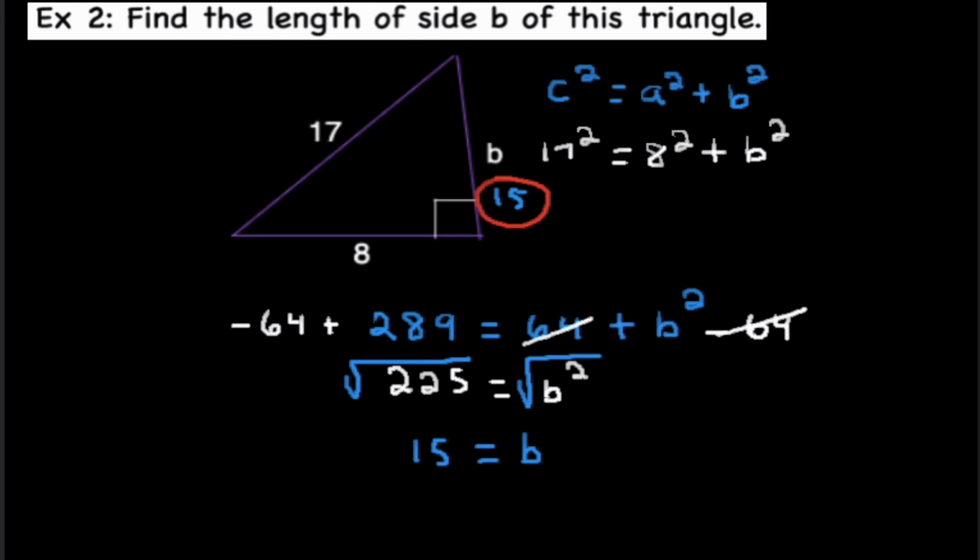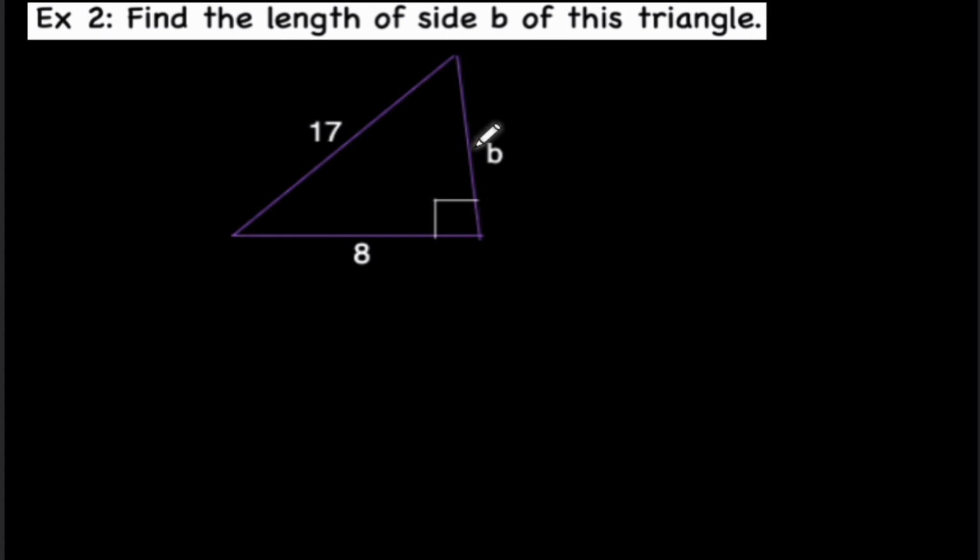So for example, let me go over some common Pythagorean triples you may come across. And actually, let me go ahead and wipe this out so I have more room. So we said that b was equal to 15 here. Let me just circle that.